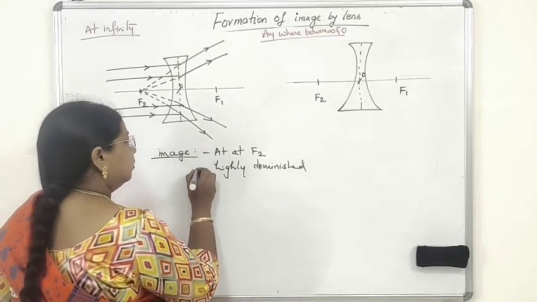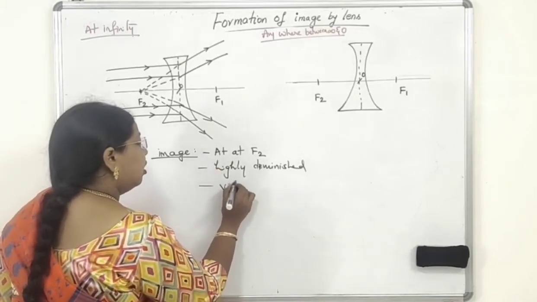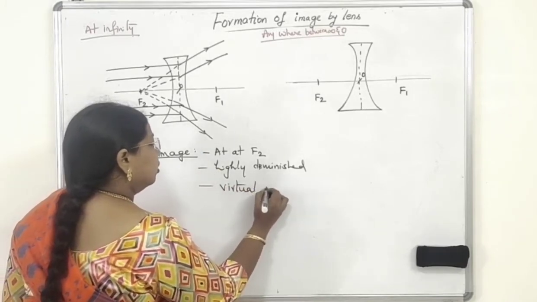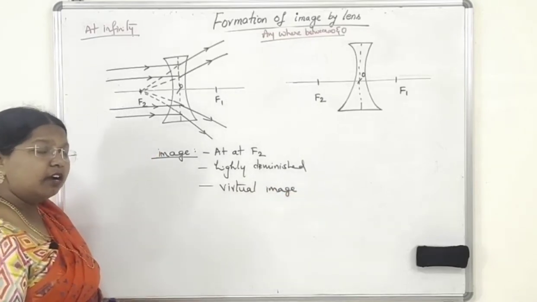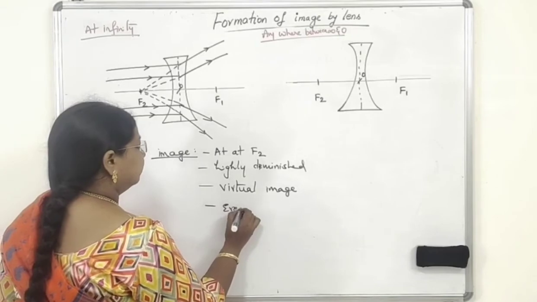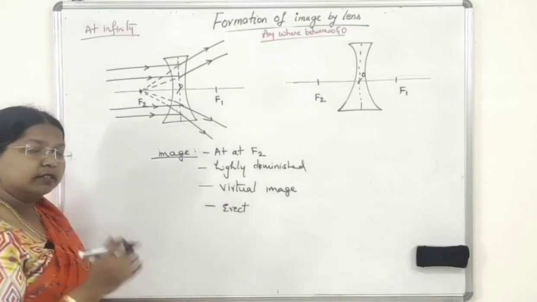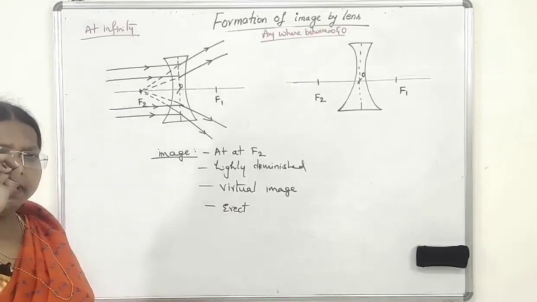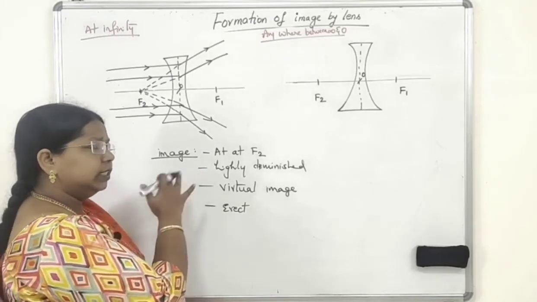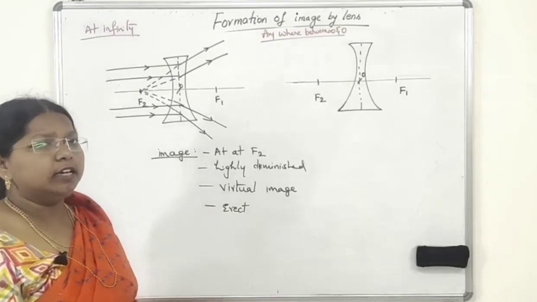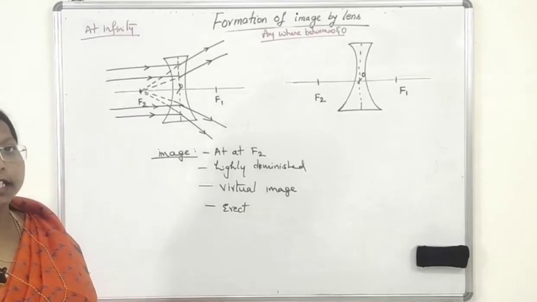Next one. It is a virtual image. All virtual images are erected. Straight. Though it is very small, it is straight. Okay? So this is the nature when we are considering object at infinity.